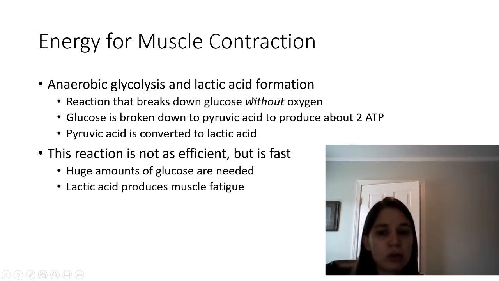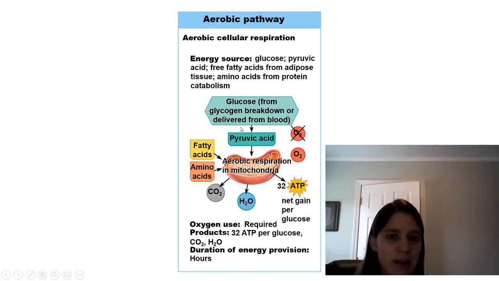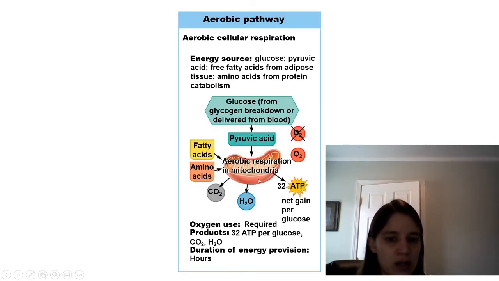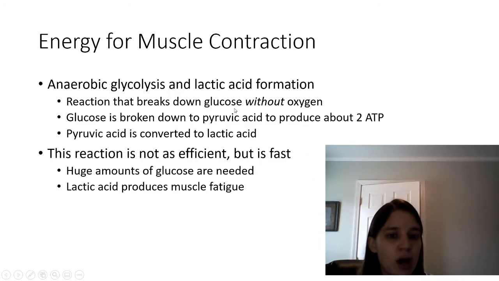So again, you're going to break down glucose. This you don't need the oxygen for, though. Glucose gets broken down to pyruvic acid and produces about 2 ATP. It's actually the first step in the aerobic pathway as well, but you don't keep going. Pyruvic acid then, instead of getting broken down via the citric acid cycle, gets converted into lactic acid.